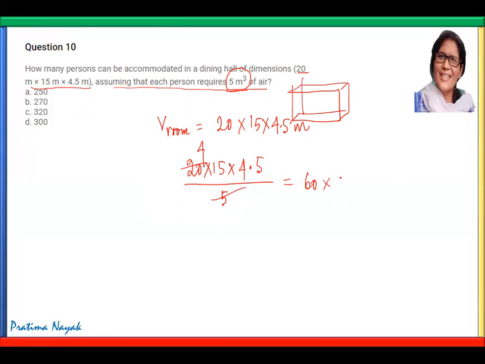This is the same as multiplication of 45 into 6. 6 5s are 30, carry 3. 6 4s are 24 plus 3, 270. So 270 persons can stay inside the room.